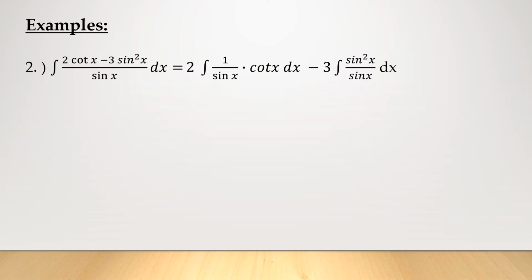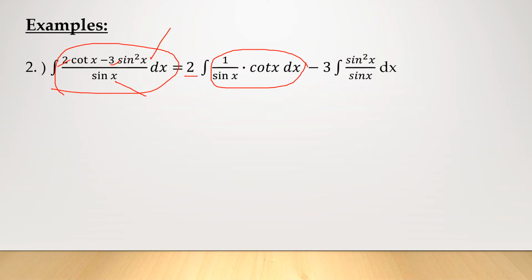Given this one, this is our given function inside the integral sign. What we will do is separate it, since we have a binomial in the numerator and a monomial in the denominator, so we can separate it into 2. So this is the first. The 2 and the 3, we take them out, so they are now outside the integral sign.